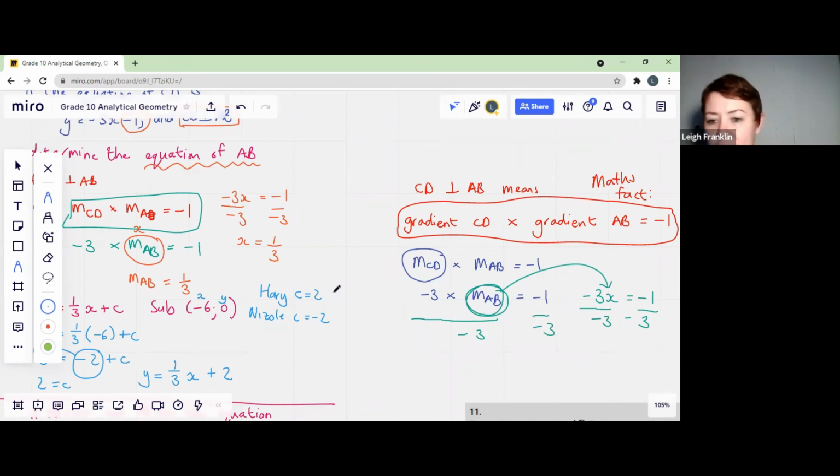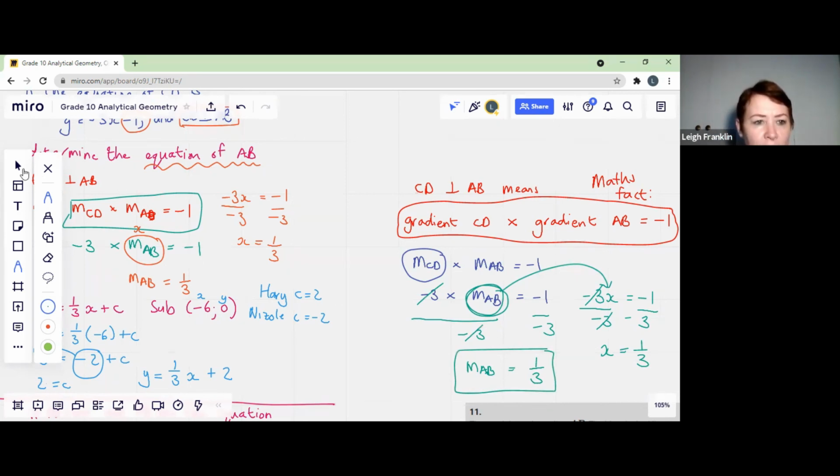Just like this -3 and that -3 would cancel out, and you'd get x is equal to negative divided by negative is a positive 1/3. Same thing happens here. -3 divided by -3 is positive 1. So positive 1 times AB is gradient of AB. Negative divided by negative is a positive. Okay, that's what I was getting at.